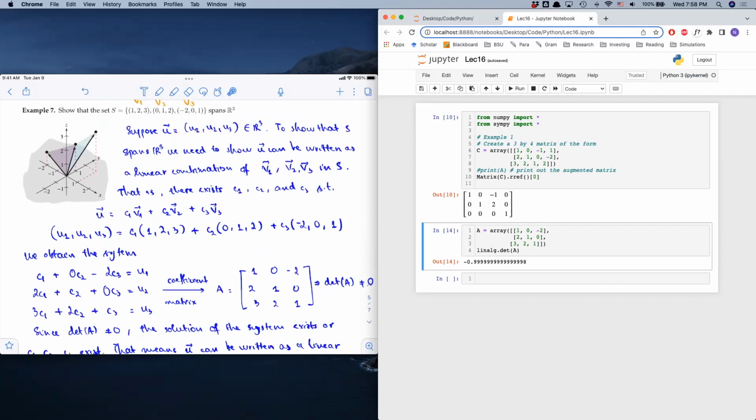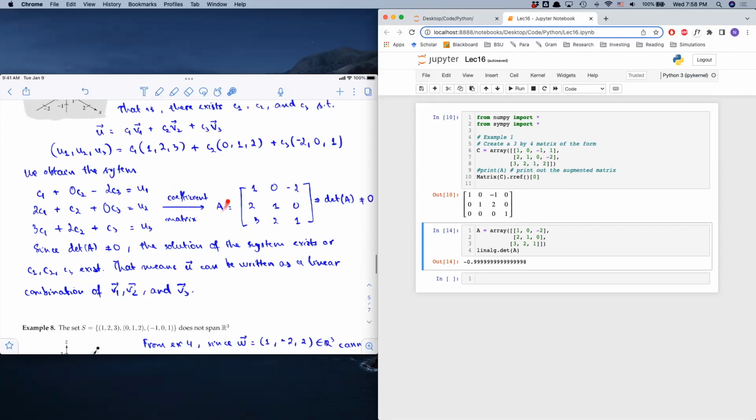We assume that at first u can be written as a linear combination of the vectors in S. Then you obtain a system, write down the coefficient matrix and calculate its determinant. If it's different from 0, the system has solutions, or c1, c2, c3 exist. If the determinant is equal to 0, then the solution does not exist.